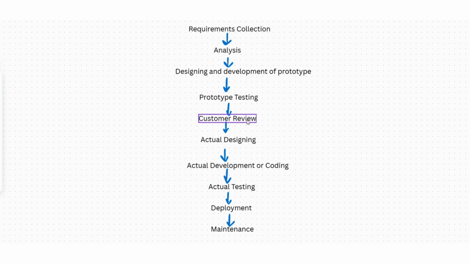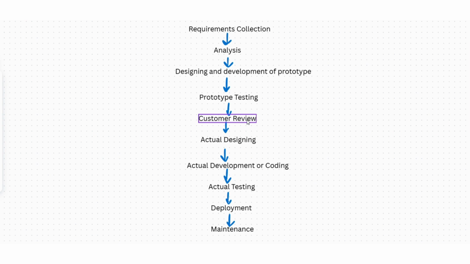Next one is the customer review. The prototype which is done by the designers and tested by the test engineer will be given to the customer for review. The customer checks the prototype and suggests some changes that the customer wants to add or change in the software.